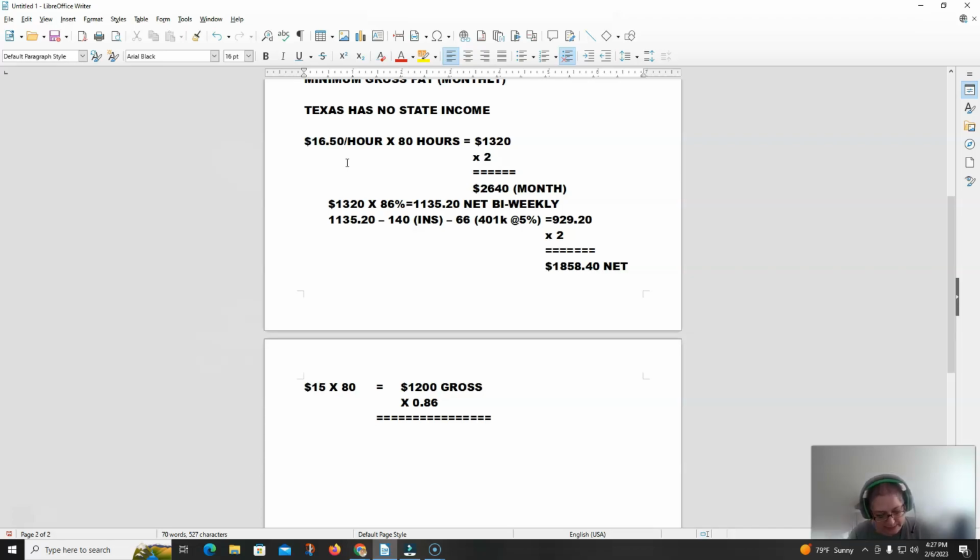So my take home is only $1032 net biweekly. If we take off $140 for insurance, and we take off, say, I'm going to guess the 5%. We'll say it's only $58 for 401k.